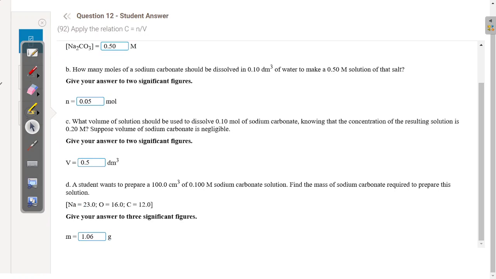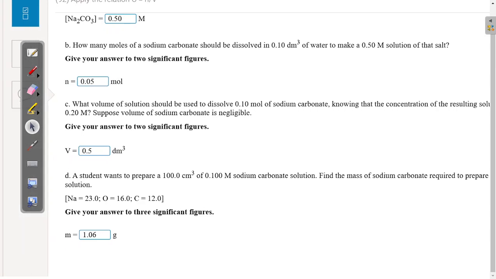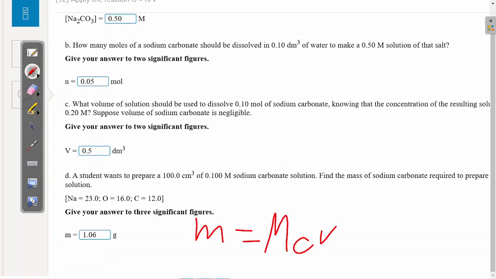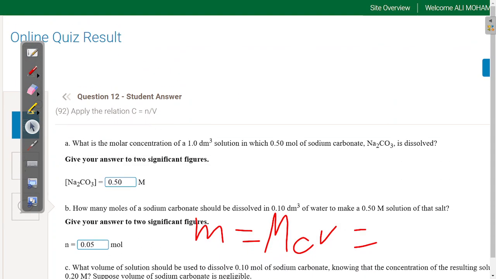A student wants to prepare 100 centimeters cubed of 0.1 molar sodium carbonate solution. Find the mass of sodium carbonate required to prepare this solution. They want the mass, so use this rule, m equals M CV. So what's the molar mass first? They give you sodium carbonate above here, it's Na2CO3.